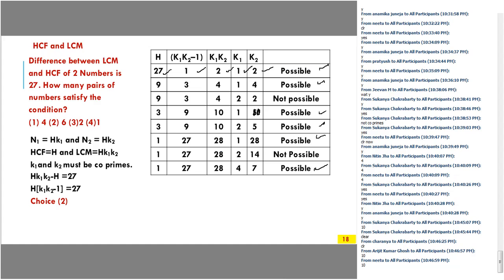Rupesh, you have missed out 2 and 2, right? 2 and 2 are not co-primes. How many are clear? 1, 2, 1, 3, 1, 4, 1, 5, 1, 7, 1, 10, 2, 5. Rupesh, how did you get the 11th? Is it 10 or 11? Where did you make a mistake, Rupesh? Right, next one.